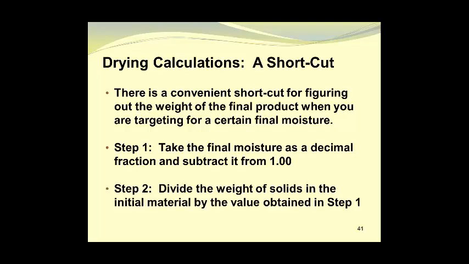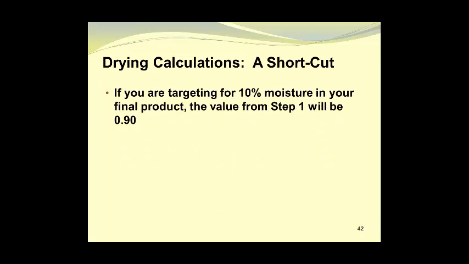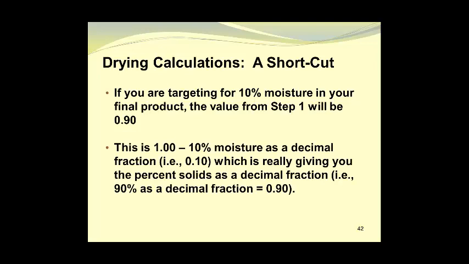Then we divide the weight of the solids in the initial material by the value that we obtain in step 1. If you are targeting 10% moisture in your final product, the value from step 1 will be 0.90. This is 1.00 minus 10% moisture as a decimal fraction, which is really giving you the percent solids as a decimal fraction.